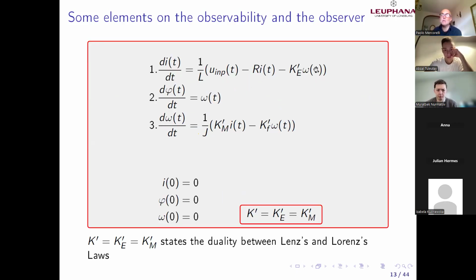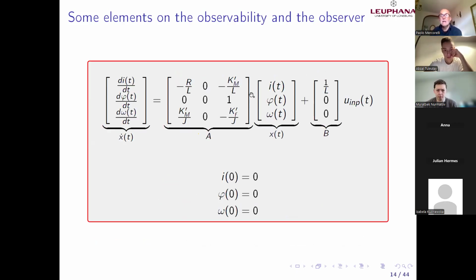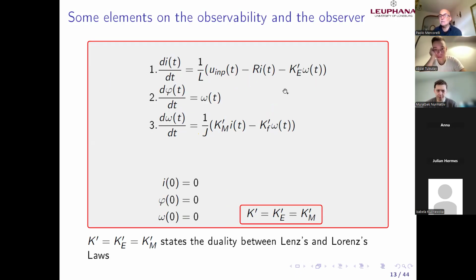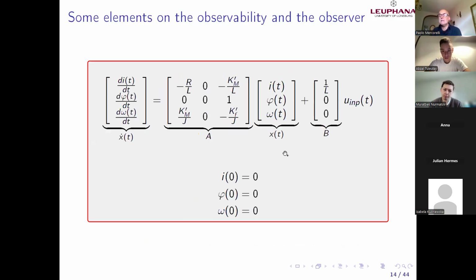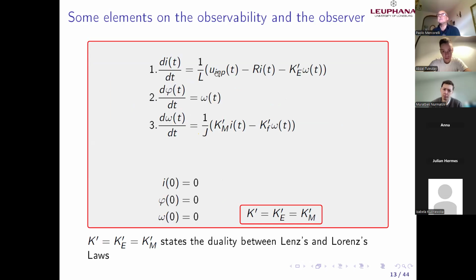Why 0 multiplied by phi? Because in the first row we don't have phi. Then minus Km apostrophe divided by L multiplied by omega is also there. Please pay attention, Ke apostrophe equals Km apostrophe. I didn't insist on this technical aspect; it's not the goal of this lecture to clarify the model of the actuator. We have a model, and if I add plus 1 divided by L multiplied by the input U, we have basically the first equation. I don't want to insist on this rule because I think you know it a little bit.